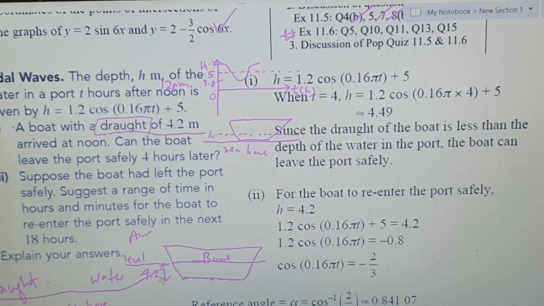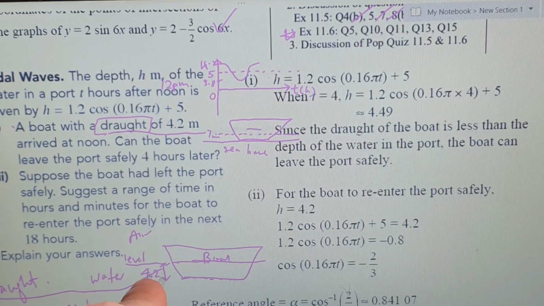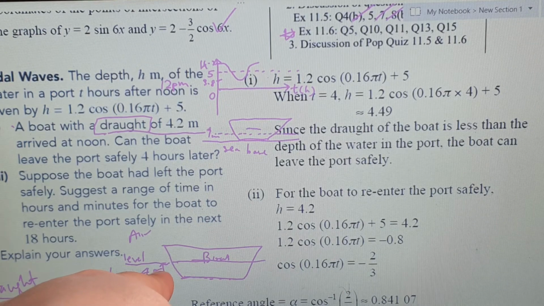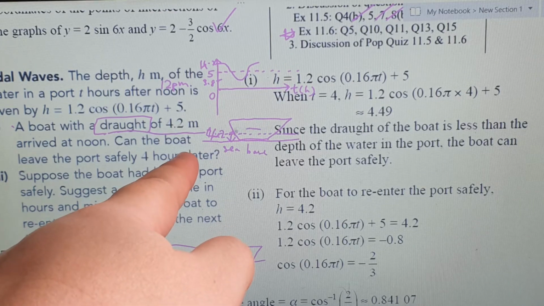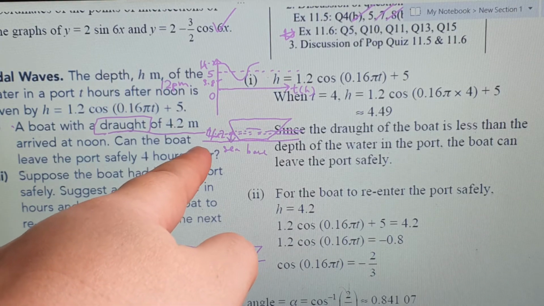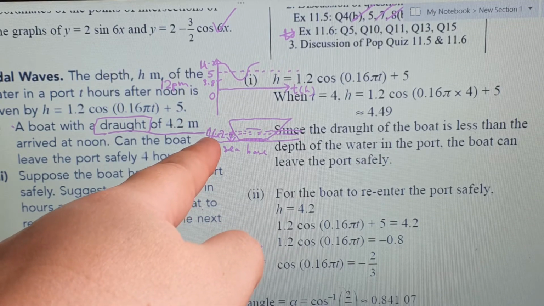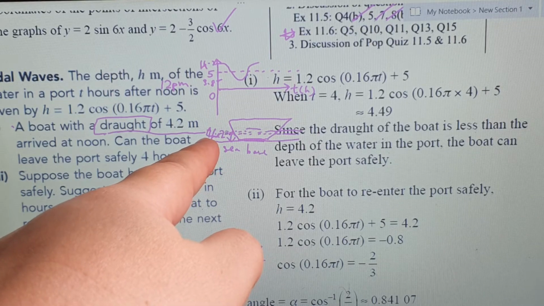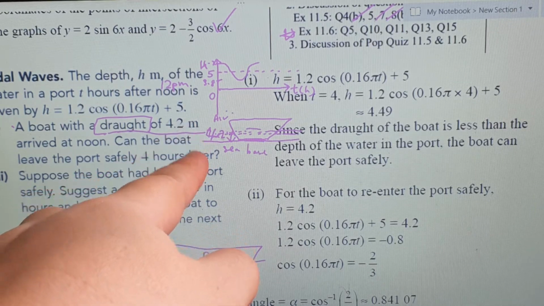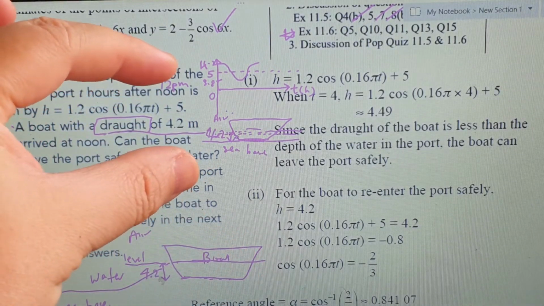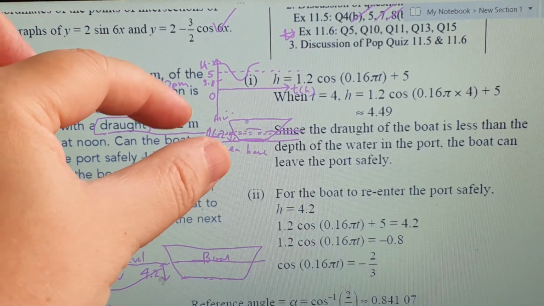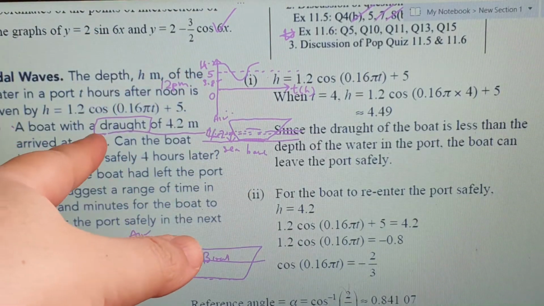Let's say I fill 1 meter, won't float, 2 meters, won't float, 3 meters. Only when I fill up to 4.2, that means the distance between the lowest part of the boat to the water level before it meets the air, it takes 4.2 meters of water for this boat to float. So this is the meaning of this draught.